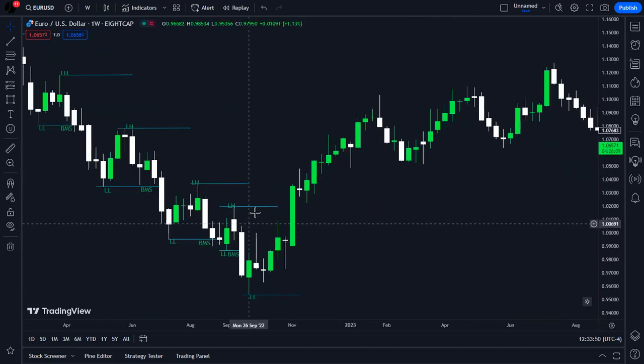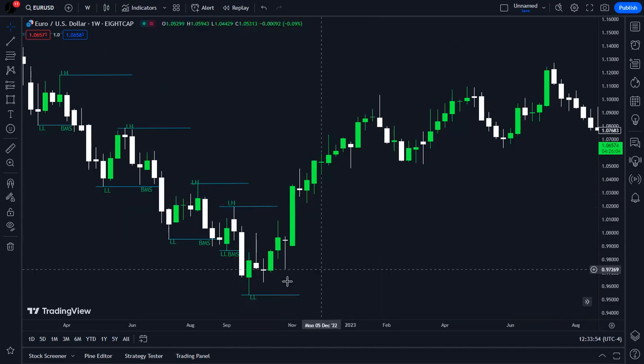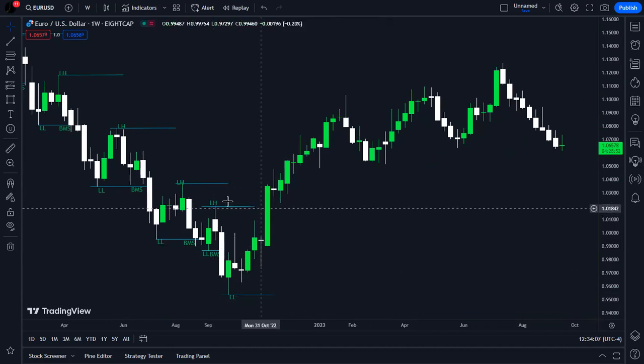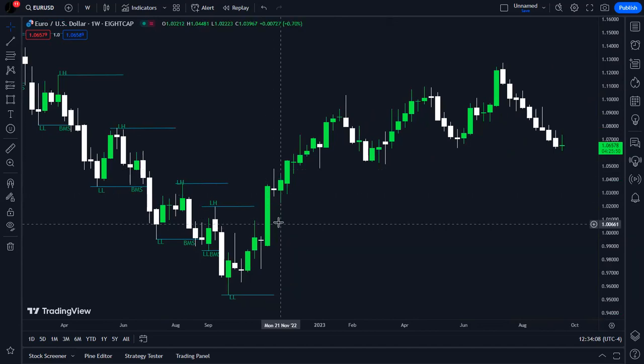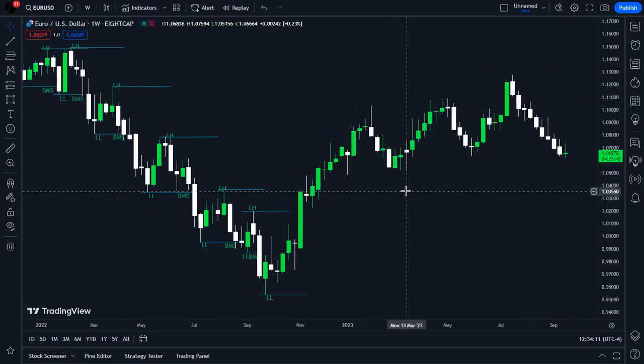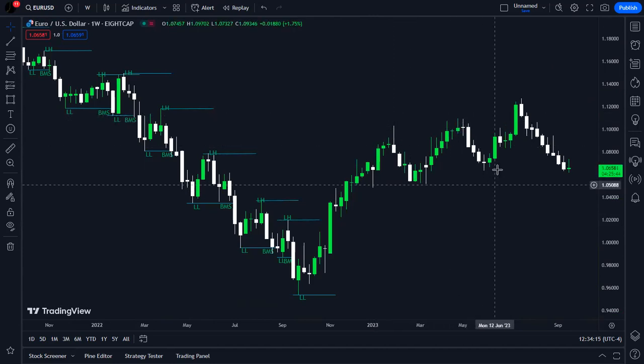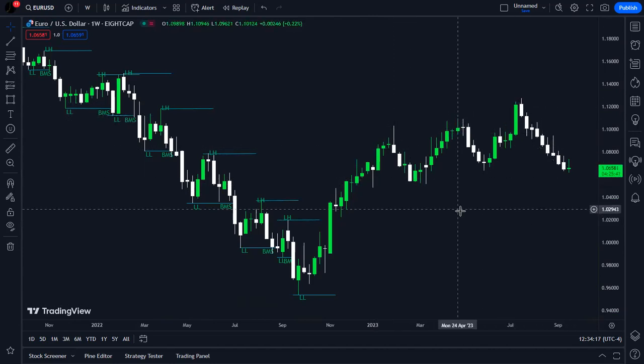I said that after we break above this lower high up here, we are bullish. So this is the lowest low of this drop. But after we break above this lower high, now we shift bullish. Now we start looking for higher highs and higher lows, higher highs, higher lows.